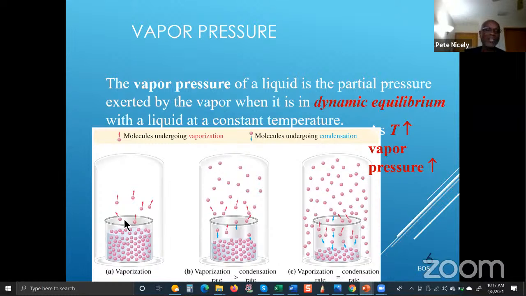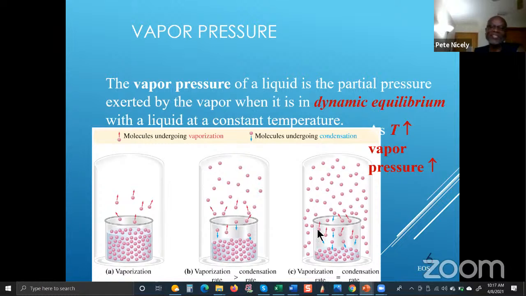You'll have these molecules going into the vapor state, and that will continue until the amount of molecules here gets to a certain concentration, if you will. But before that, the rate of vaporization will be greater than the rate of condensation. Some of the molecules will be going back to the liquid state, and that will be condensation.